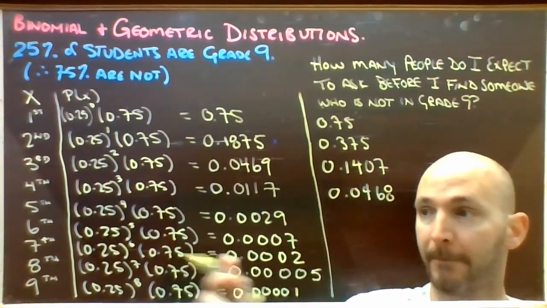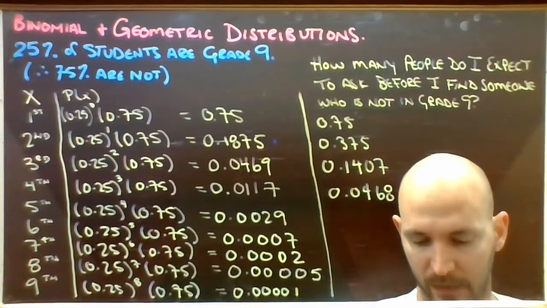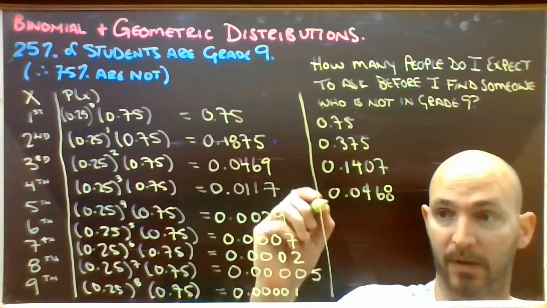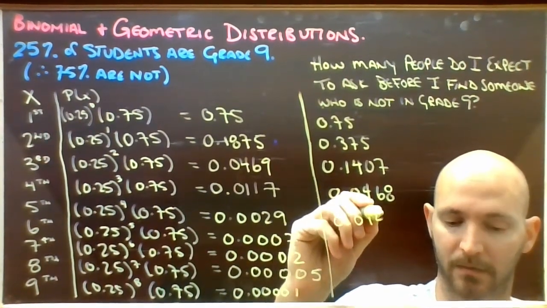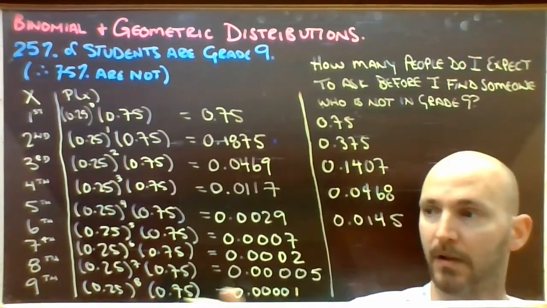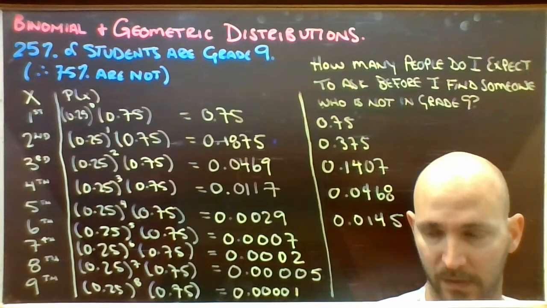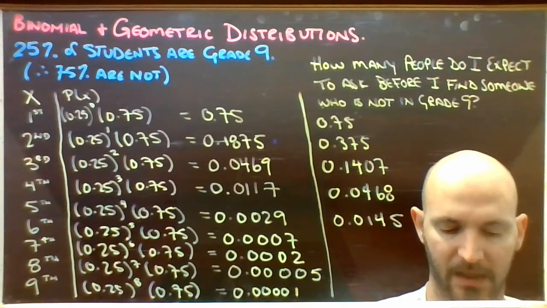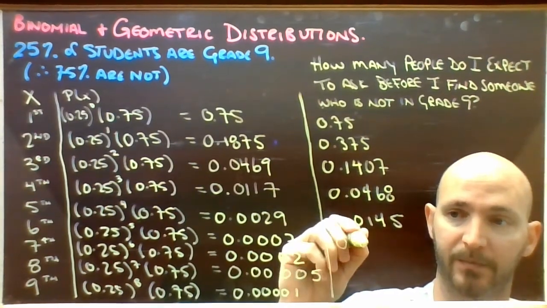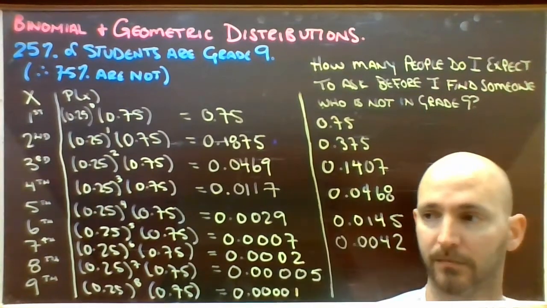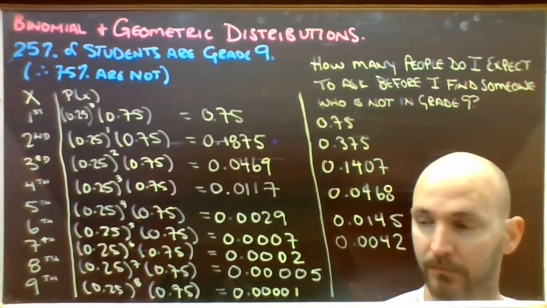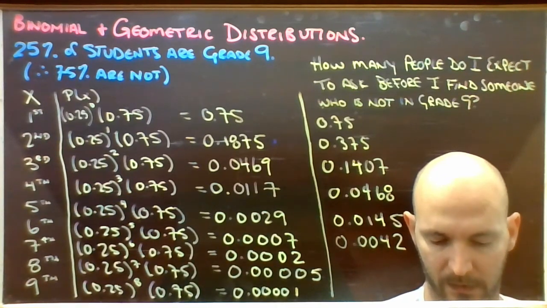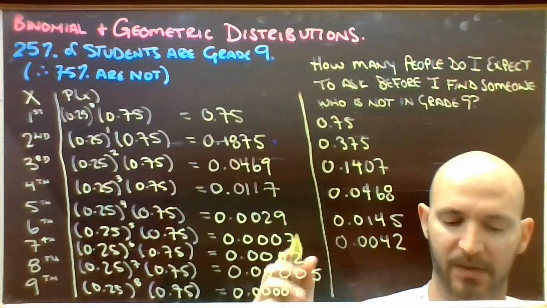0.0468. 5 times 0.0029, 0.0145. 6 times 0.0007, 0.0042. 7 times 0.0002, 0.0014.